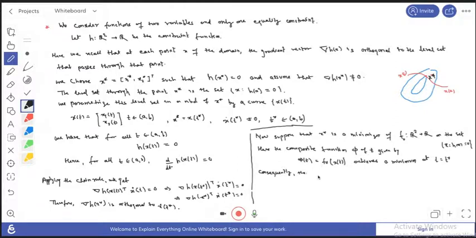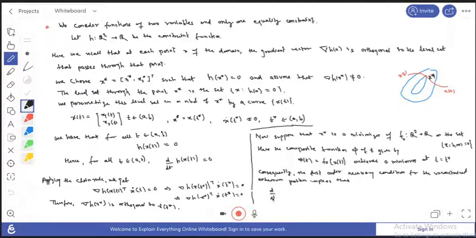Okay, so consequently the first order necessary condition for the unconstrained extremum problem implies that the first order derivative is 0.